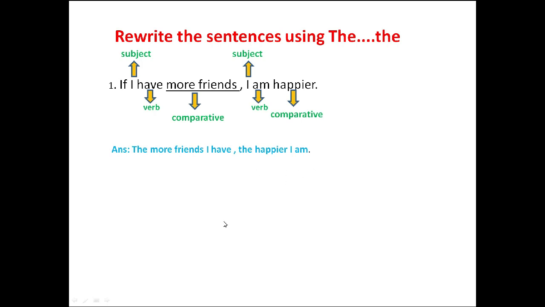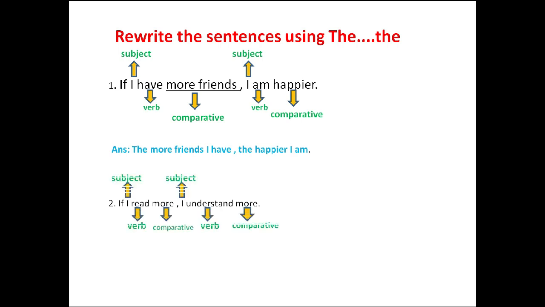One more I'll deal with you. If I read more, I understand more. Who reads more? I. So I is my subject. Where is my verb here? Read and understand. These are action words. Where are my adjectives here? More. I told you all that more is the comparative form of adjective. Now how will I frame my sentence?